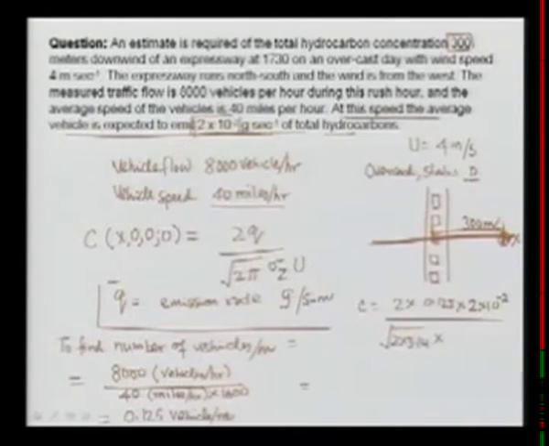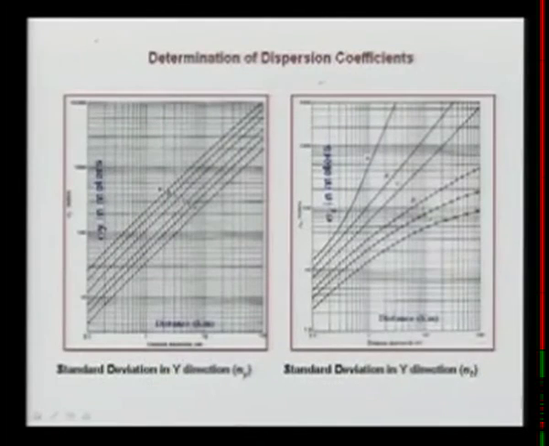Okay, so I need to go to my graph, and this time I'm only interested in sigma z. So let's find out the sigma z, as we have been doing in the past. Sigma z is here, and this is 1 kilometer, my distance was only 300 meters. So this is 0.1, 0.2, 0.3.